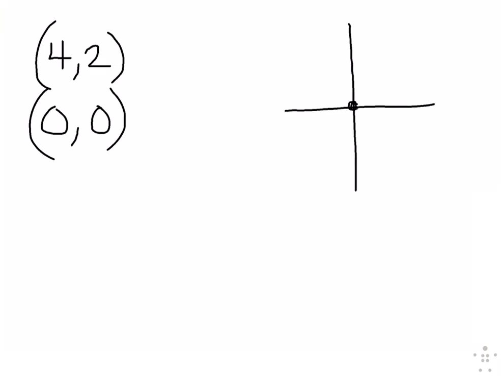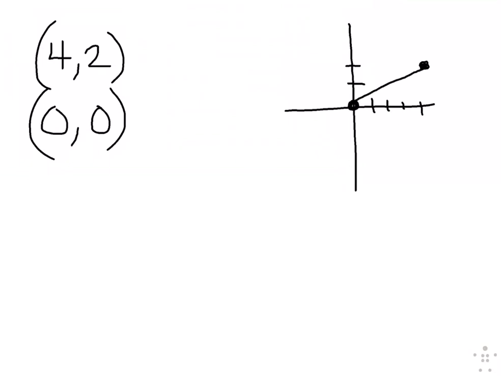If it goes through the ordered pair of 4, 2, and has a center of 0, 0, you do not need to draw the picture, but I'm going to give you a visual representation of what's going on here. If I have this little grid, and I have 0, 0 here, and 1, 2, 3, 4, and 1, 2 here, that means this would be what we call a radius.